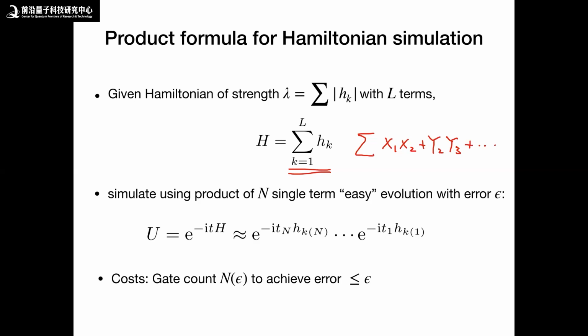But in a quantum computer, we're going to run it using a product of simple evolutions, each one of the terms. It is your job to choose the appropriate terms to evolve for the appropriate time, so that it approximates the ideal evolution.